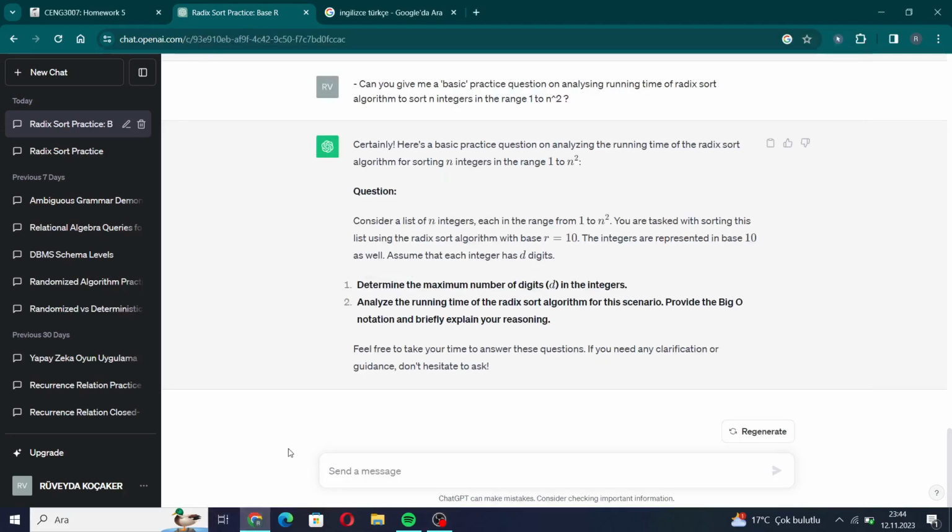Let's start with the first part. Determine the maximum number of digits in the integers. Firstly, the maximum value of the integers is n squared because the range is 1 to n squared.